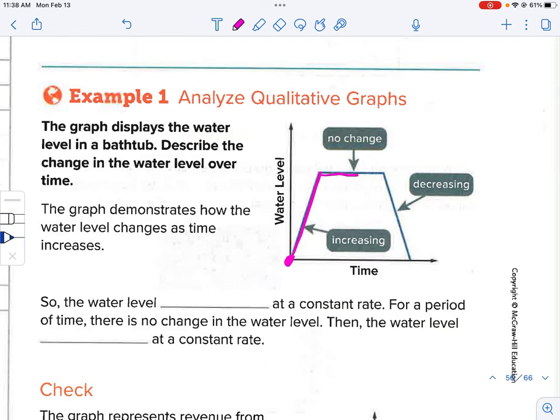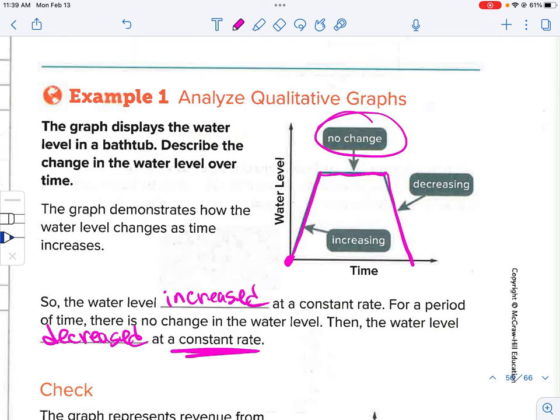It stayed at the same spot for a while, and then I emptied my bathtub. Okay, so the water level increased at first at a constant rate. For a period of time, there's no change in the water level. Then the water level decreased. And since these were lines, they made sure to say at a constant rate.